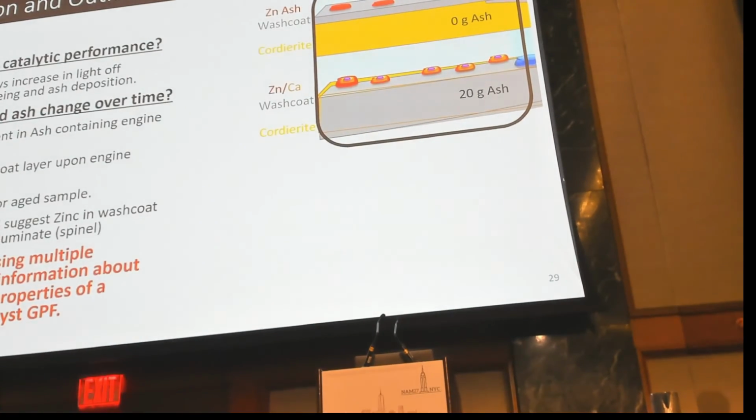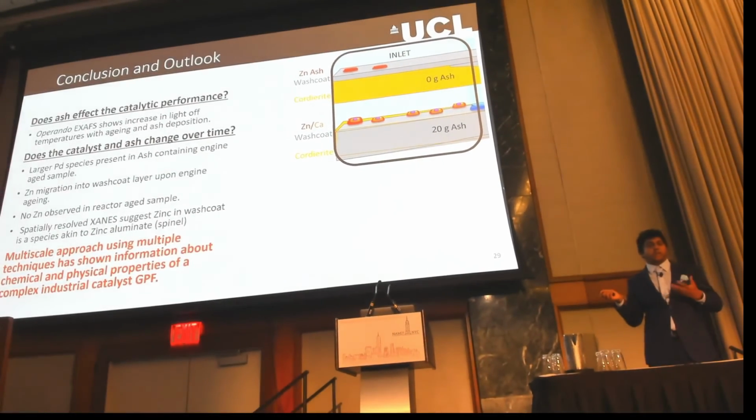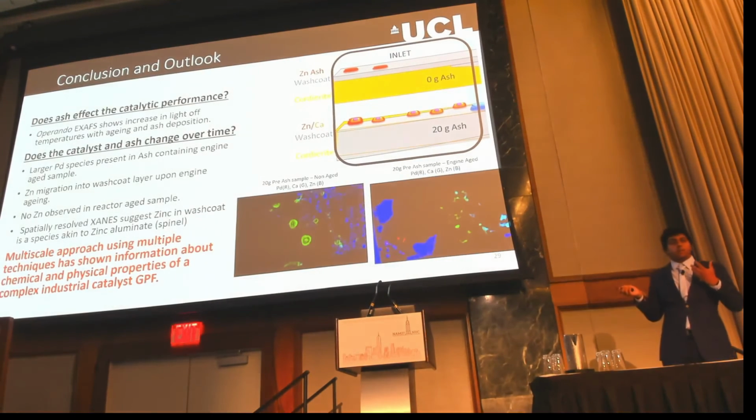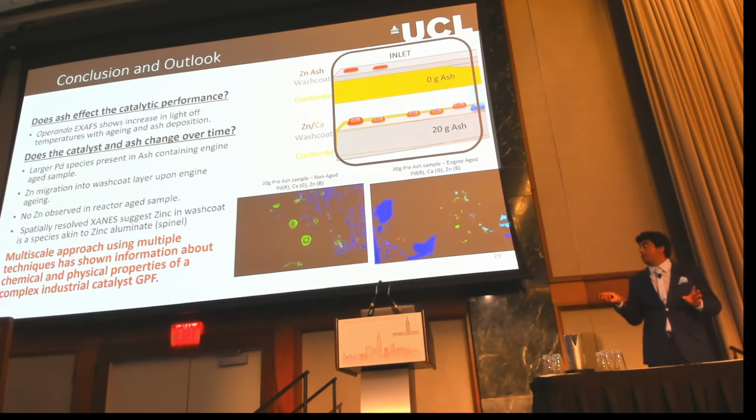In our case, it was ash loading that was affecting catalytic activity, and we found evidence of the migration of components from the ash, namely the zinc, into the catalyst washcoat, interacting with the support material and forming a zinc spinel.